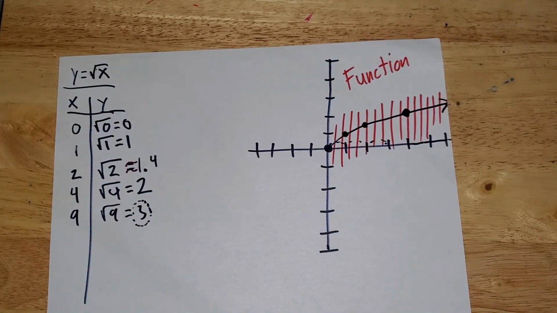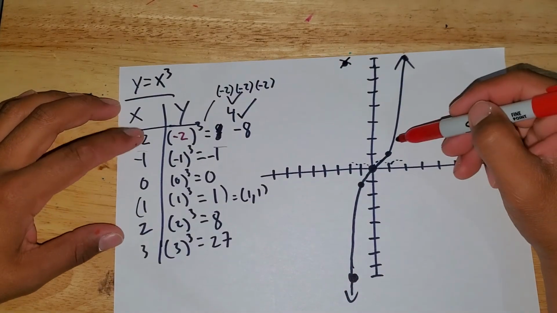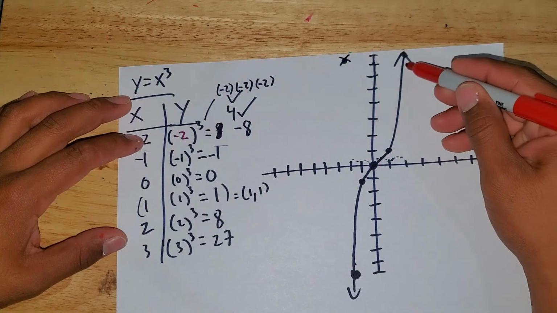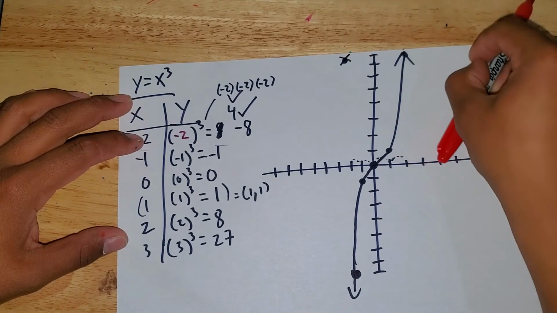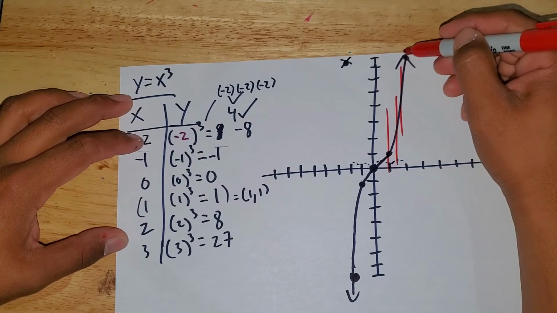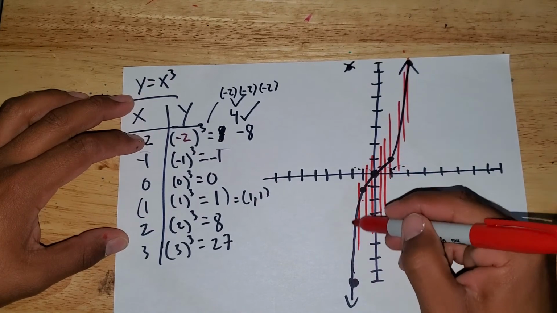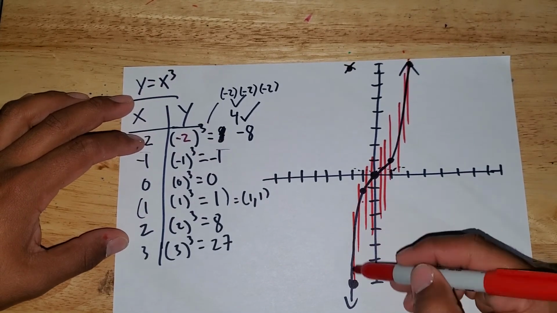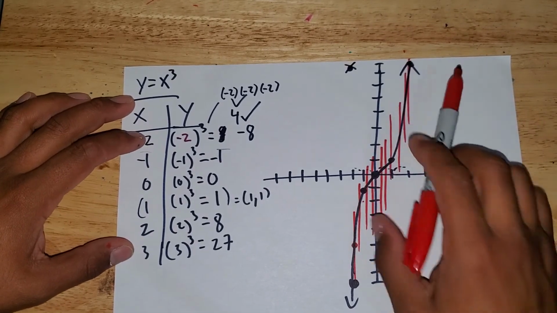That works perfectly fine. Here, let's look at the other ones that we looked at. This was the y cubed. Be careful here, because even though this looks like it's going straight up, it has more of an angle. It's still going to the right a little bit. So every time I make a vertical line, I have to ask myself again, even though here it might look like it's intersecting, it's still only intersecting at this one place.